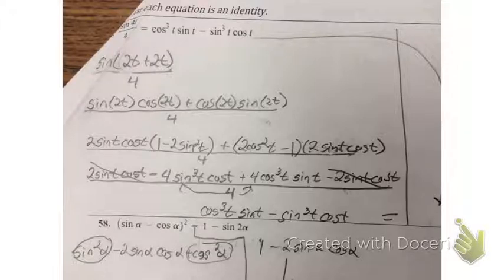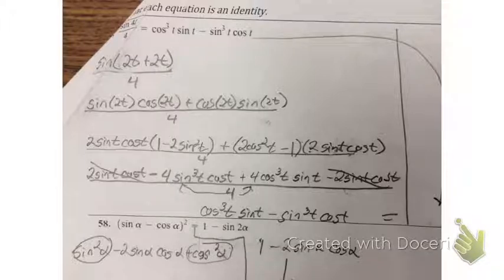So one of these chunks must simplify to one of these. I don't know why, but I picked this chunk here to match this one. And this chunk says sine cubed t cosine t. So I need to create a sine cubed. In order to do that, I need to rewrite cosine 2t as 1 minus 2 sine squared t.